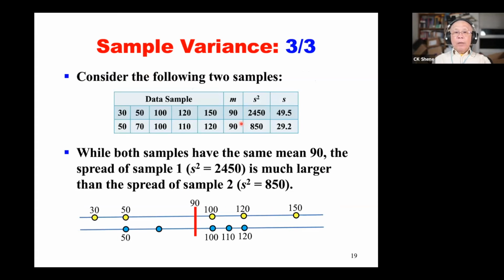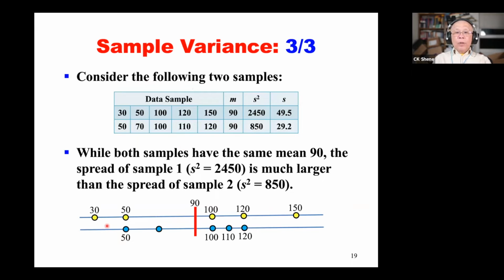Let's take a look at two samples. Sample 1, sample 2, both of them have mean value 90, and their variance is 2450 for sample 1, 850 for sample 2, and S, that is the square root of S squared, is referred to as the sample standard deviation. Now look, the first sample is here. The second sample is here.